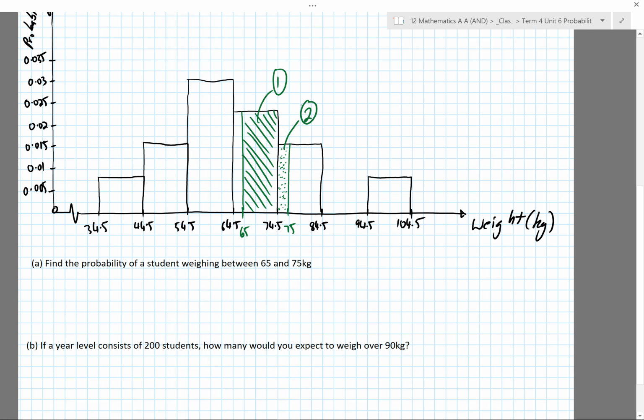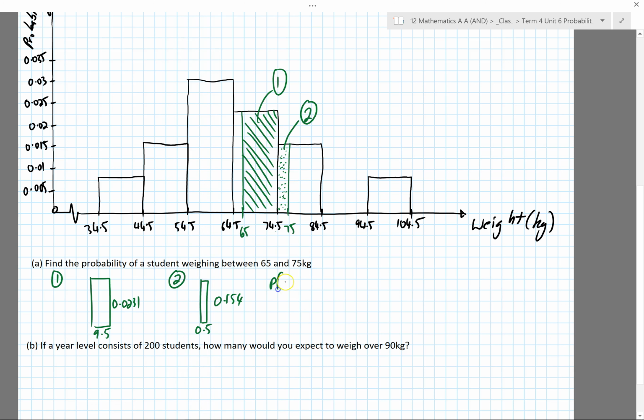So the first rectangle, need to think of its dimensions. So from 65 to 74.5 is 9.5, and its height is 0.0231. Rectangle 2 is from 74.5 to 75, so it's a pretty narrow rectangle, only 0.5 wide, and it's 0.0154 high.